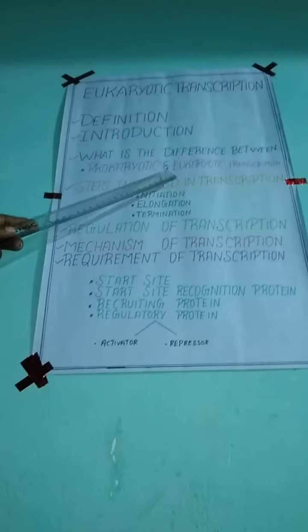In prokaryotes, there is only one RNA polymerase responsible for the transcription process, but in eukaryotes, there are three classes of RNA polymerase involved in the transcription process: RNA polymerase 1, RNA polymerase 2, RNA polymerase 3. Eukaryote initiation involves more transcription factors, more proteins and more enzymes.